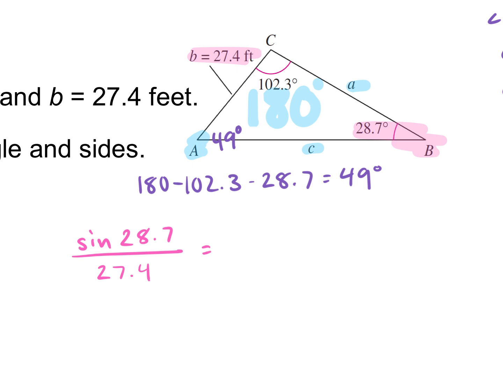Now I can set this equal to, which one do you want to solve for first, A or C? We'll find A first. Doesn't really matter. So sine of the angle, which is 49, over the side A. If you put your signs on top, make sure it's on top for both fractions here.